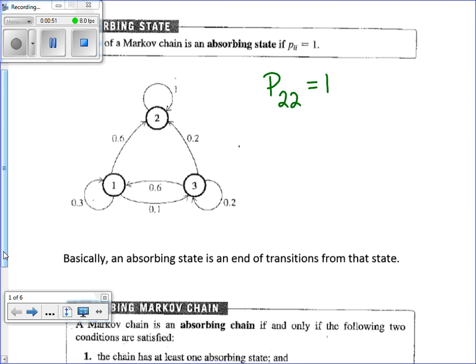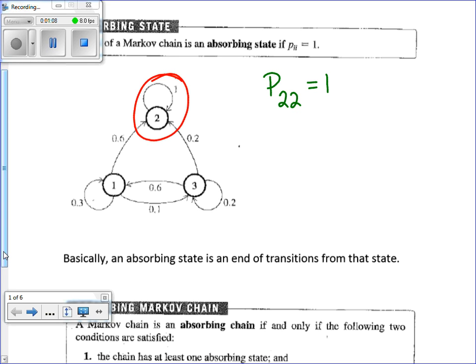And that's what we have here in the Markov chain, because I have a state 2 going back to itself with probability 1. So what it really means is entering a state and staying there, the probability is 100%, because there's nowhere else to go.